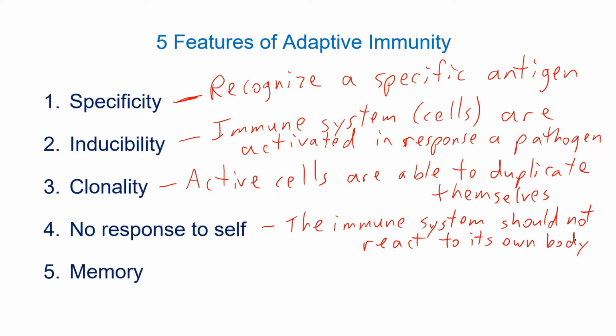Okay, one more, memory. So again, hopefully that one makes sense, meaning that this part of the immune system can remember and react to future infections. So we'll write that.